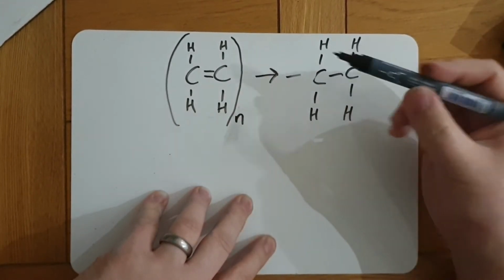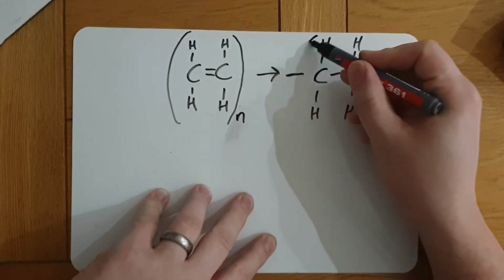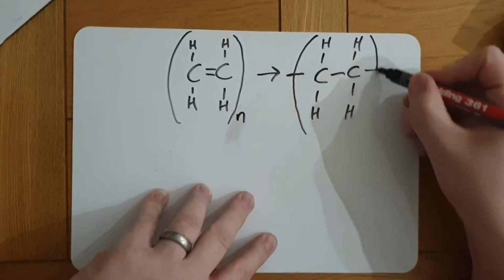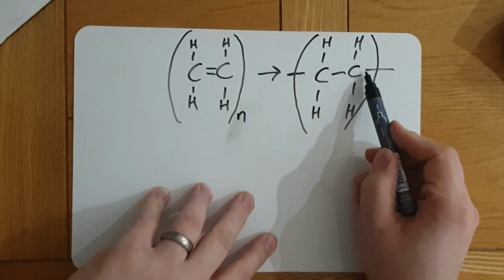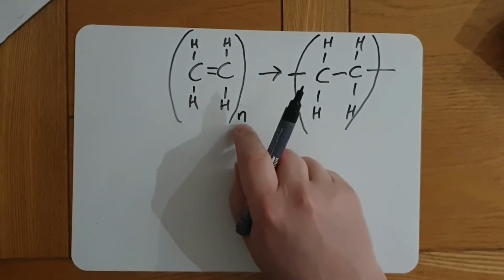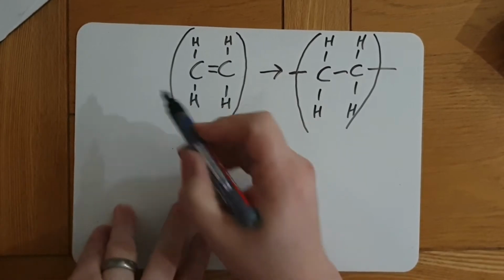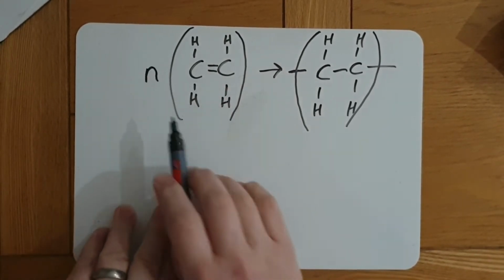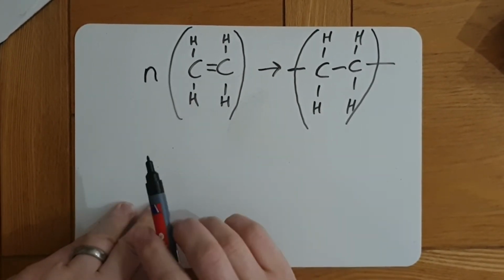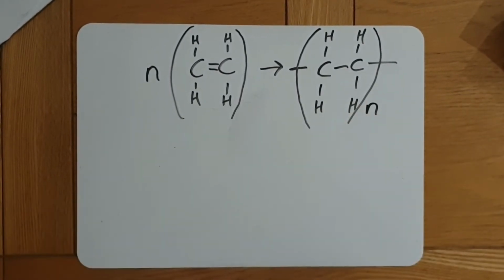And then we draw some brackets again. It's really important that you have these bonds going through the brackets. And then, crucial random mistake, I shouldn't have put the n down there. Over this side, the n goes in front. So I've said I've got n lots of these. And down here, it goes at the bottom.